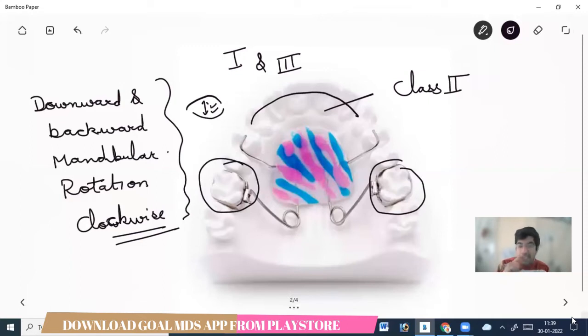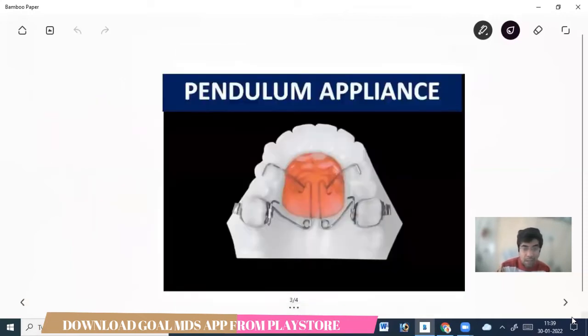Now let us discuss the components of the pendulum appliance. What are the components of this appliance?